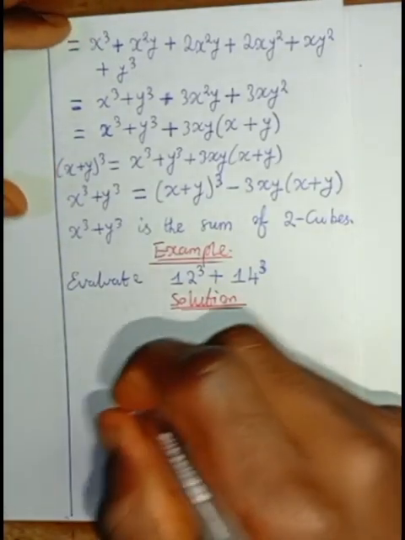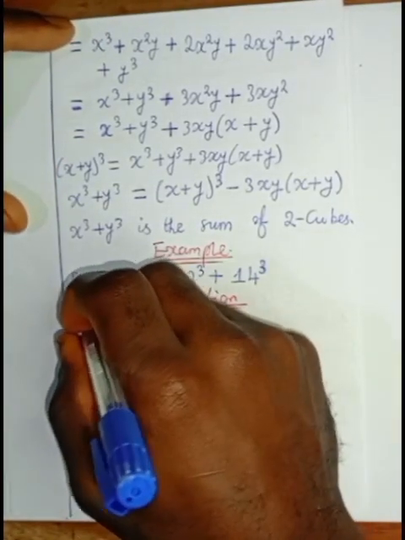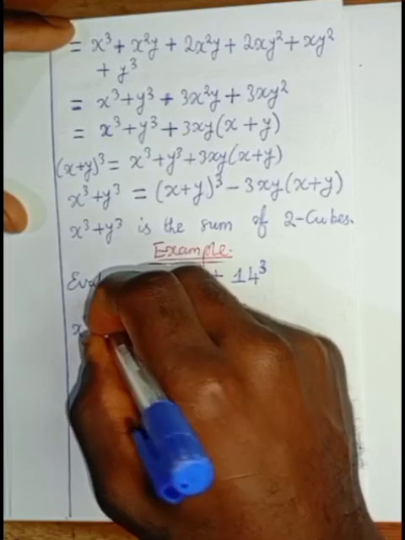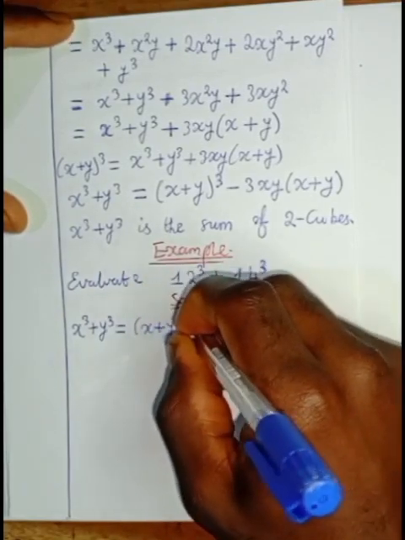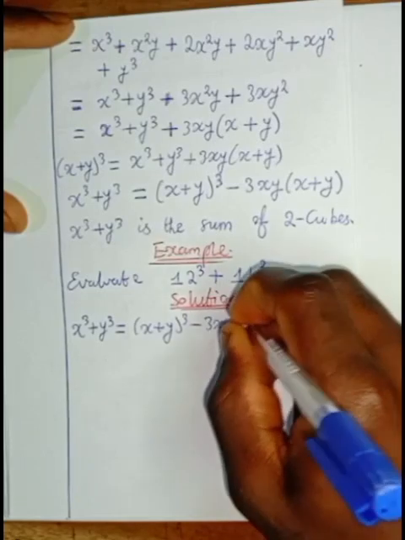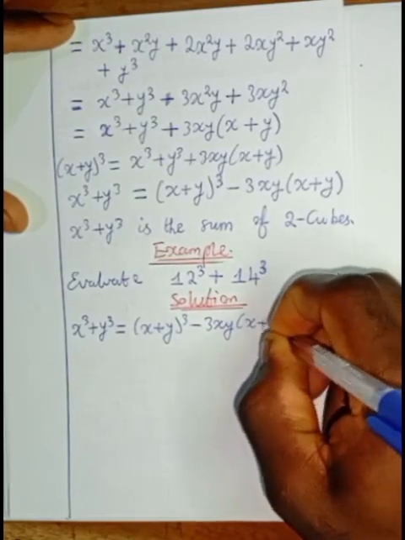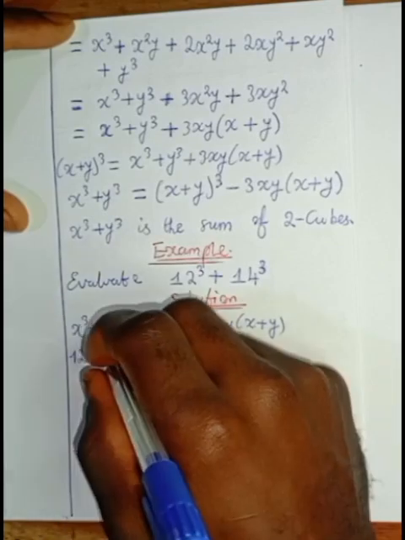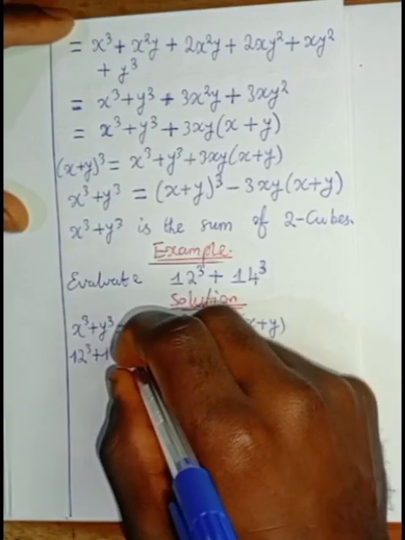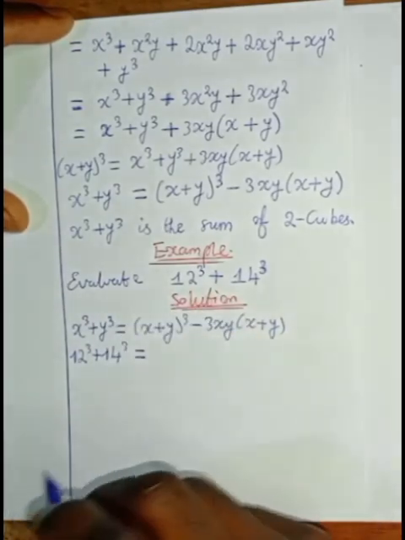First, we are going to write down the formula for the sum of two cubes. x cubed plus y cubed is simply the same as x plus y all cubed minus 3xy times x plus y.